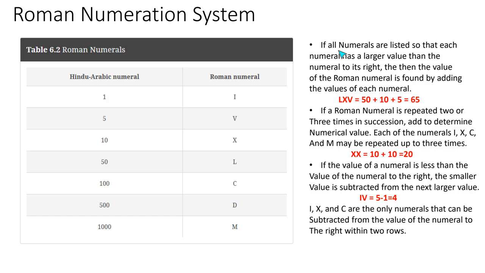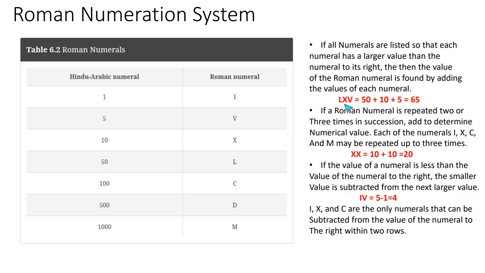The first one: if all the numerals are listed so that each numeral has a larger value than the numeral to its right, then the value of that number is found by adding the values of each numeral. So what does this mean? We look at the number L. Is L greater than the number to the right?